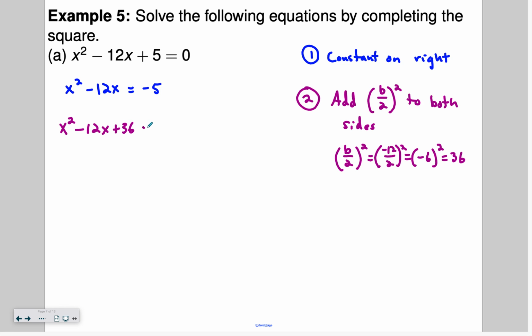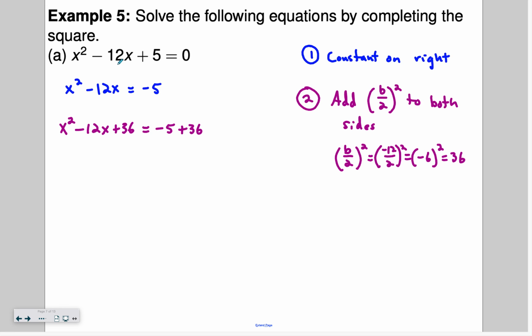Okay, what we're about to do is some serious math shenanigans. We are going to take this quadratic trinomial that, by the way, we can't solve by factoring. Can you find factors of 5 that add to negative 12? No, you cannot.